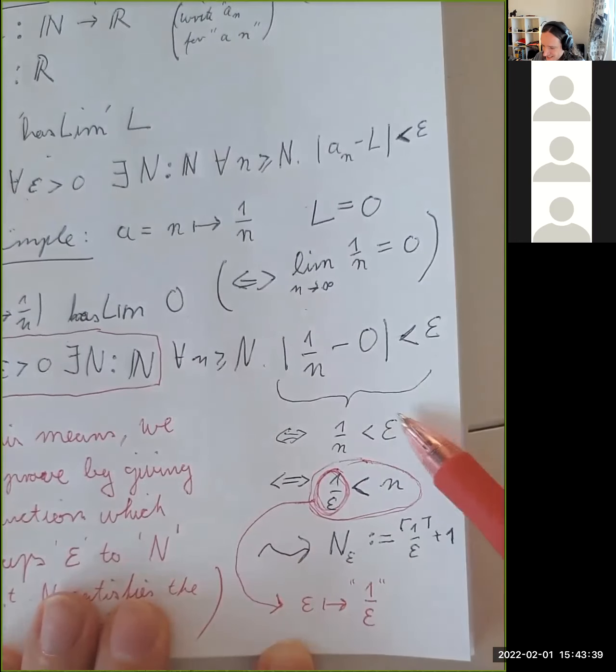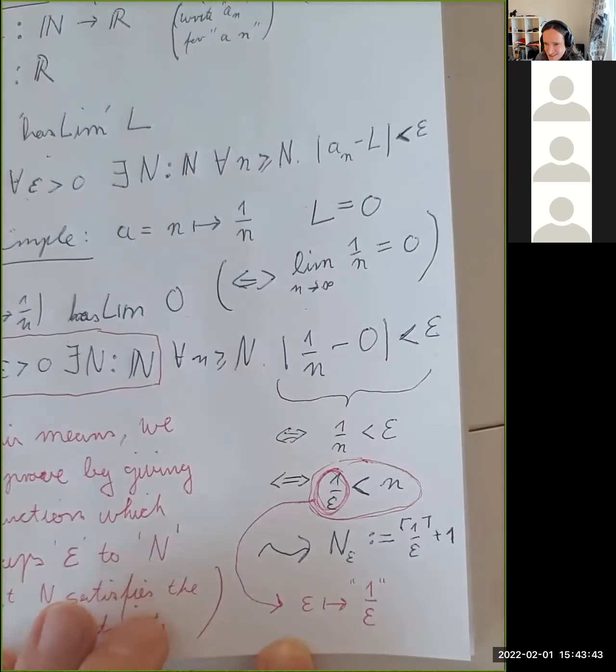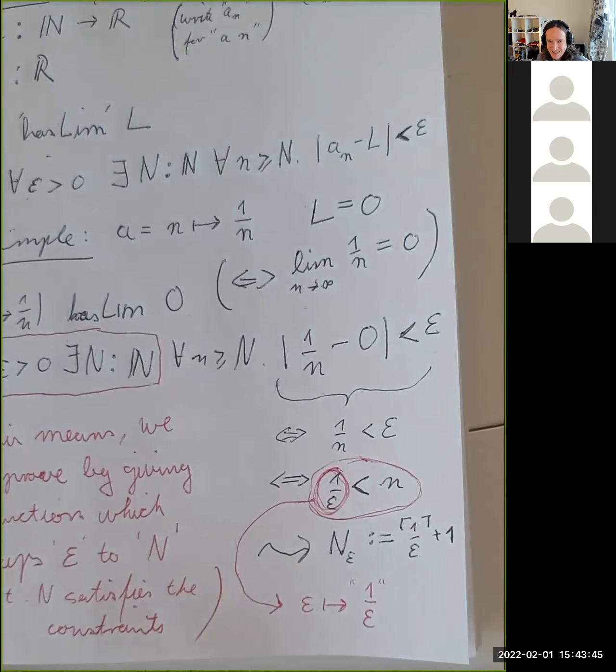Here it's all pretty easy, but if expressions get more complicated, it's a good strategy to arrange it in such a way that you have an expression in epsilon which is smaller than an expression in the naturals, or in the best case, just some natural number n.